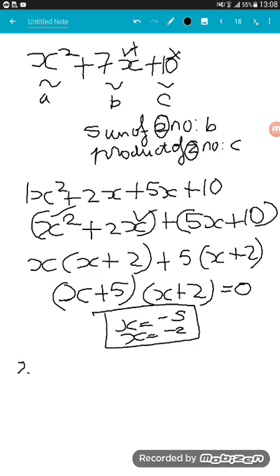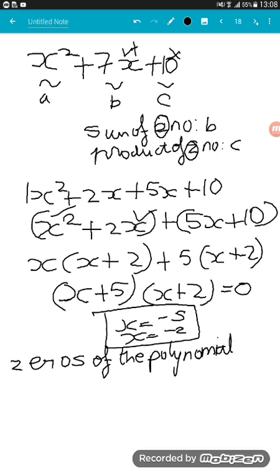For example, the zeros of the polynomial here in this case are minus 5 comma minus 2.